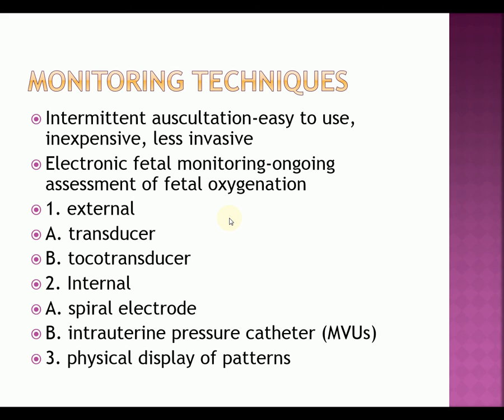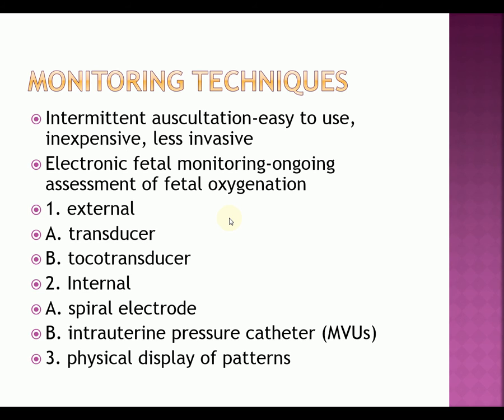That's very important when you have someone who's having a lot of variable decelerations. You can put more fluid into the uterus and raise the baby's body part up off of the cord, because variable decelerations are caused by cord compression.